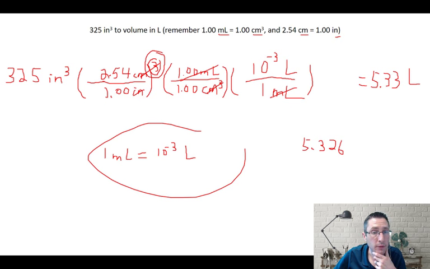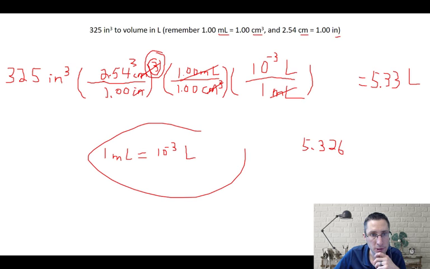We canceled out the unit centimeters cubed. Good question. That cube is outside the set of parentheses, so everything in there is getting cubed, the number and the unit.